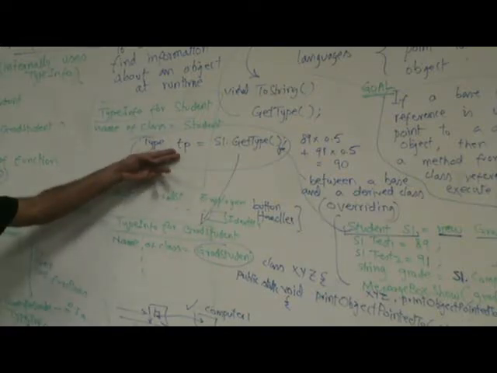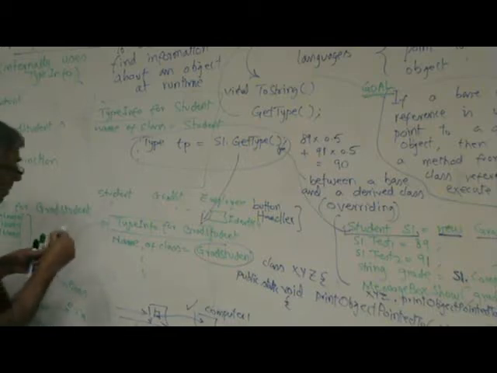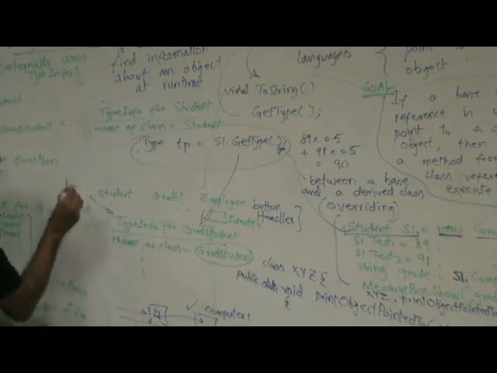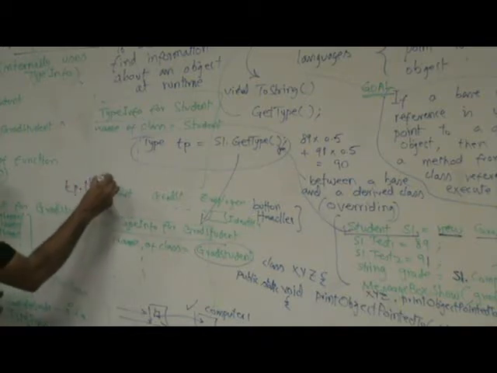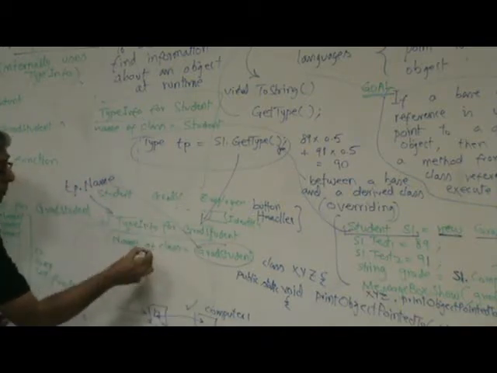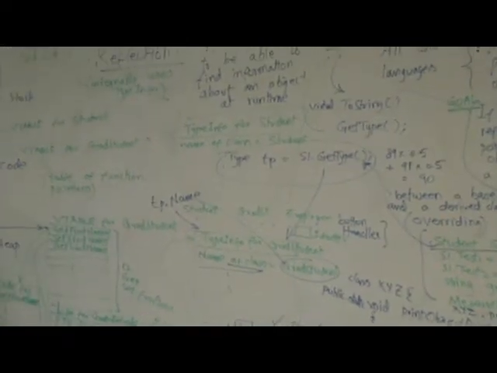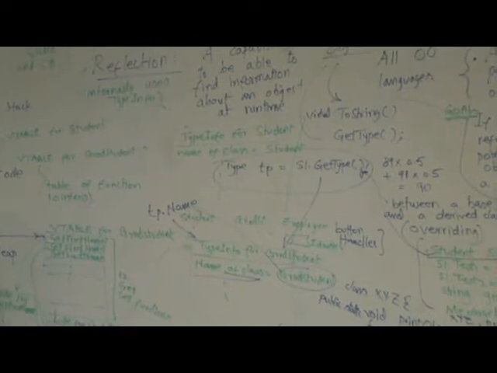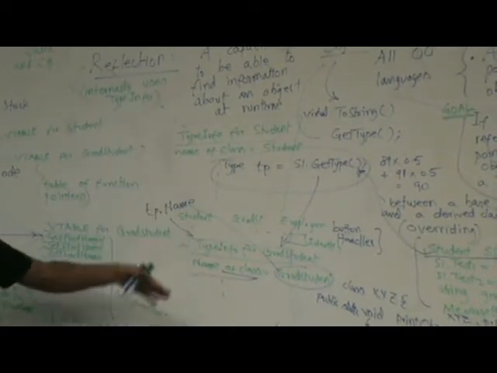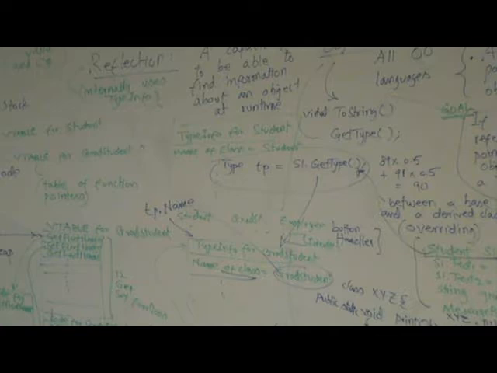So this tp will now be pointing to our type info. Now if you say tp.name, it will give you the name of the class. If you say tp.interfaces, it will give you the interfaces. tp.getMethods will give you all the methods that belong to this class, right?